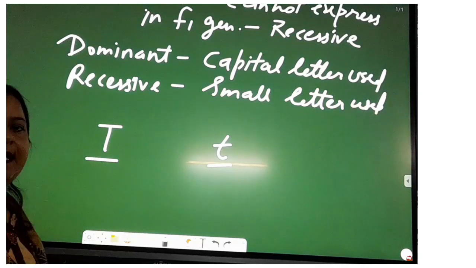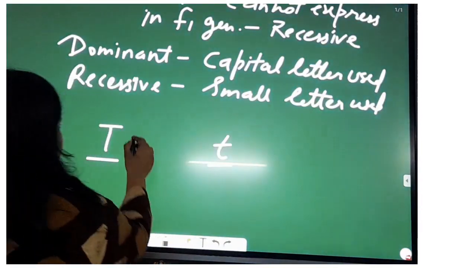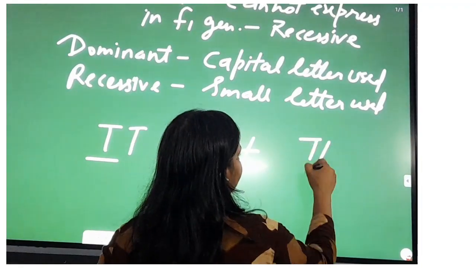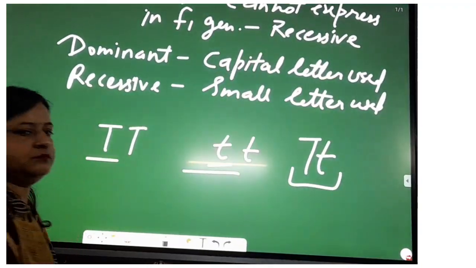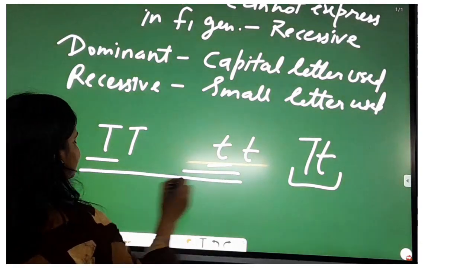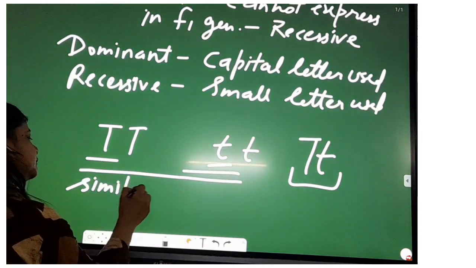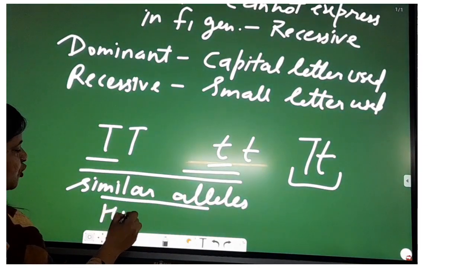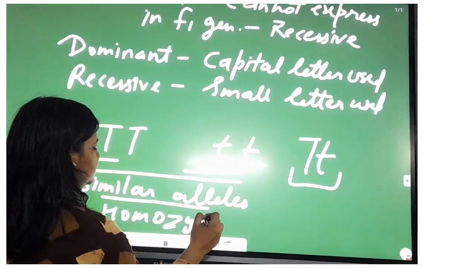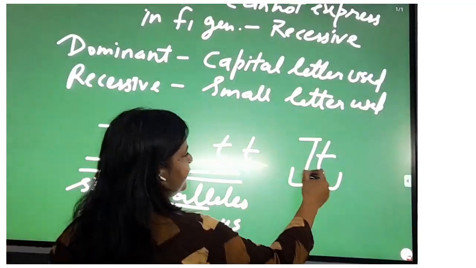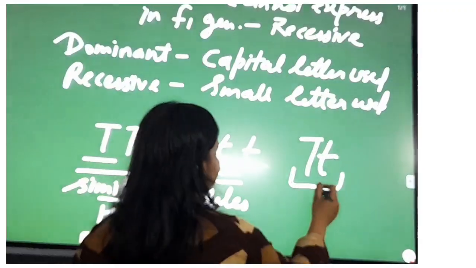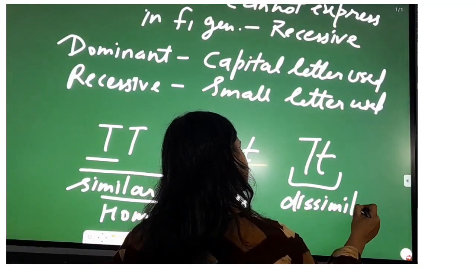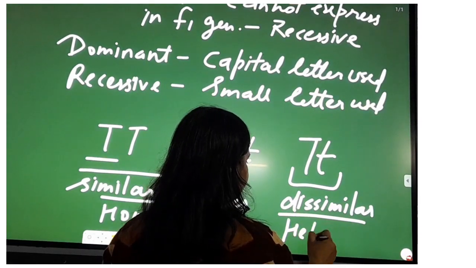From here, we get that the alleles present can be the same, or the alleles can be different. If they are similar, it is known as homozygous. And if it has two different, dissimilar alleles, it is known as heterozygous.